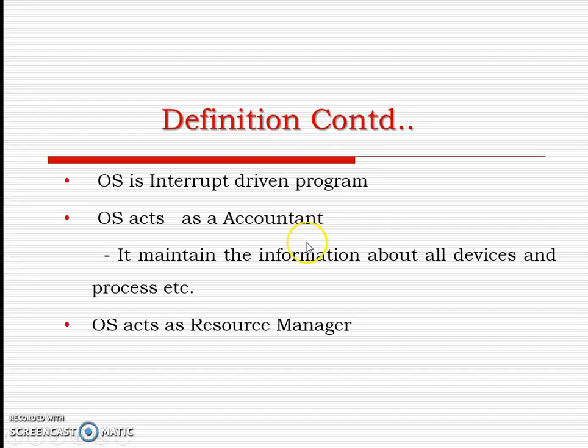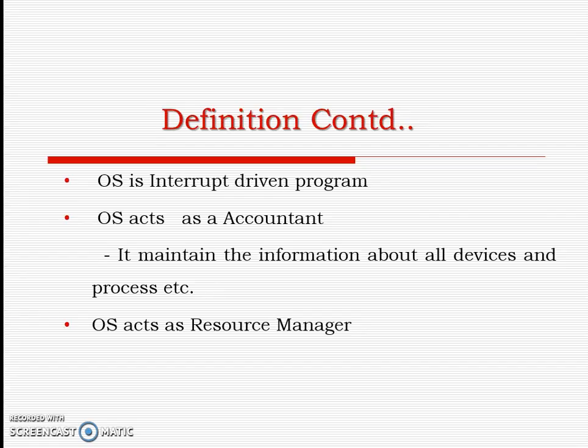And fifth one we can define is OS as an accountant. That means it will maintain all the information about devices and the processes. With respect to a process, who is the owner of this process, at what time it is created, at what time it is entered into RAM, at what time it is executed, at what time it is completed.